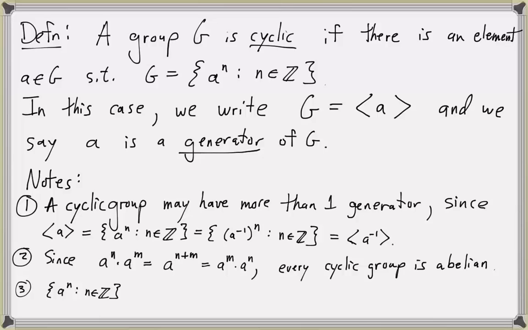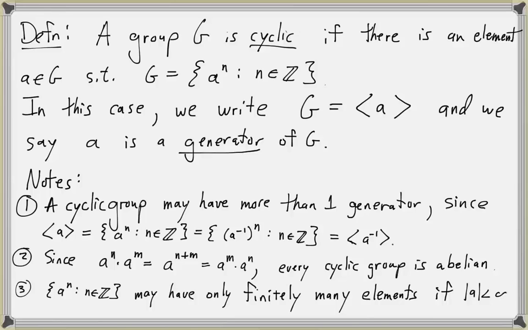So it could happen that this set may have only finitely many elements. So if A has finite order, then this set actually has the same number of elements as the order of A.